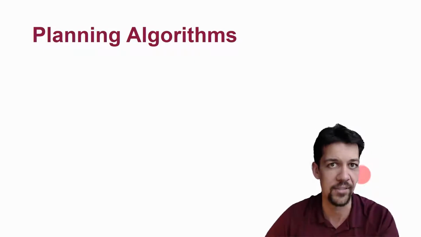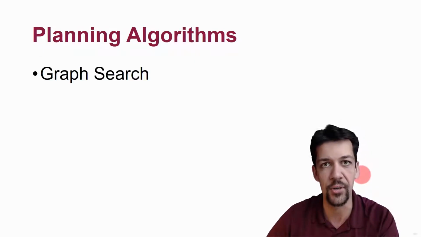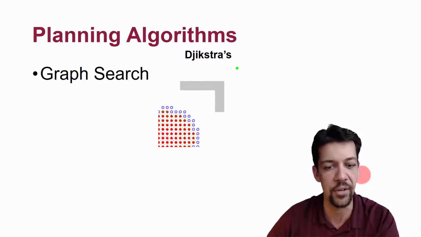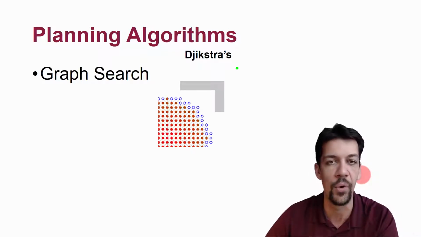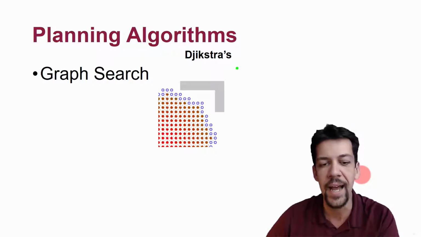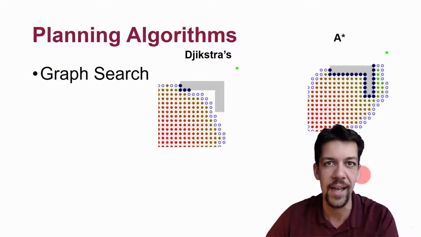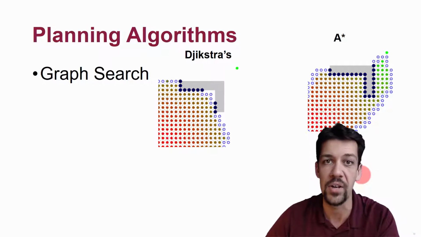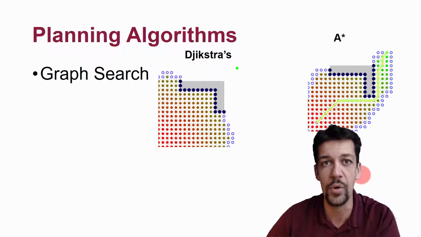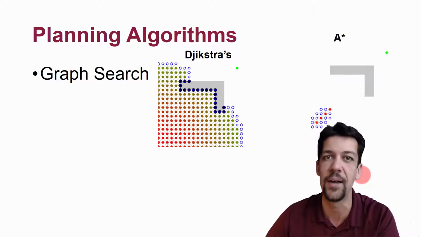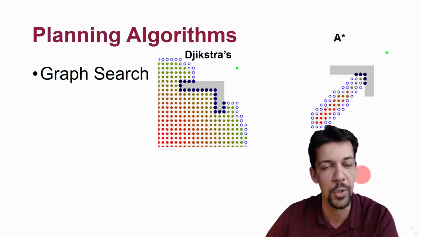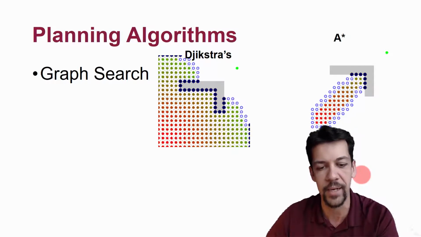There are a bunch of other kinds of planning algorithms, like graph search algorithms. You've probably heard of Dijkstra's algorithm that searches all of the possible paths before finding the optimal one. And there's also the A-star algorithm, which uses a heuristic to sort the paths that allow you to get there. A-star is very commonly used for global planning in robotics.